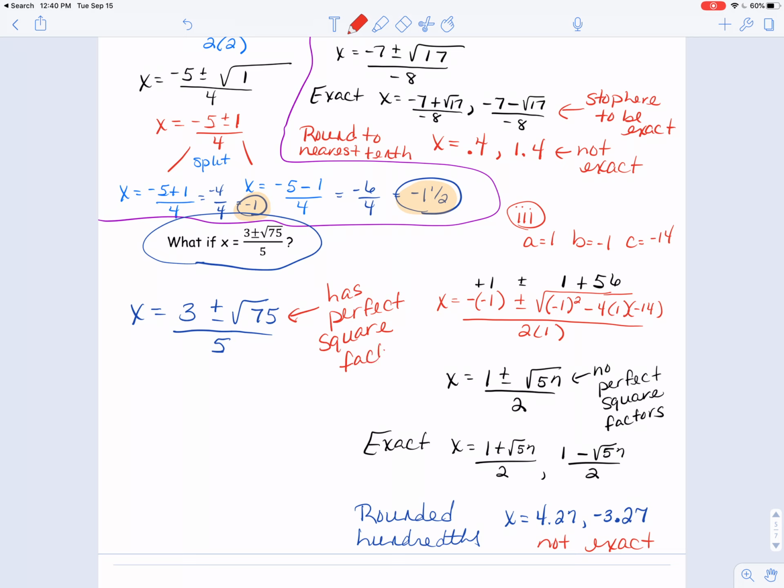So here it is again. This is what you learned in section 5-4, simplifying the radical. So let's go back and think through simplifying the radical. What is a perfect square factor inside of 75?